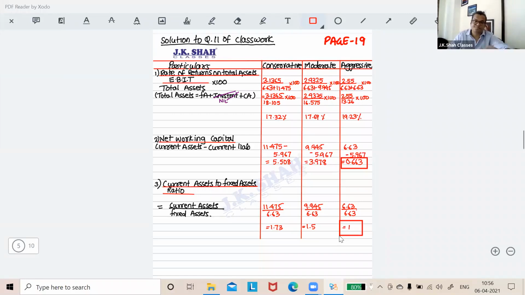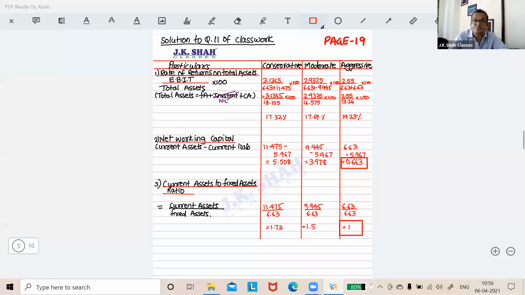In the same pattern as conservative, first we wrote about net working capital, 0.663 crore minimum. Even the ratio of current asset to fixed asset is minimum. As you can see over here, it's 1, the lowest value.